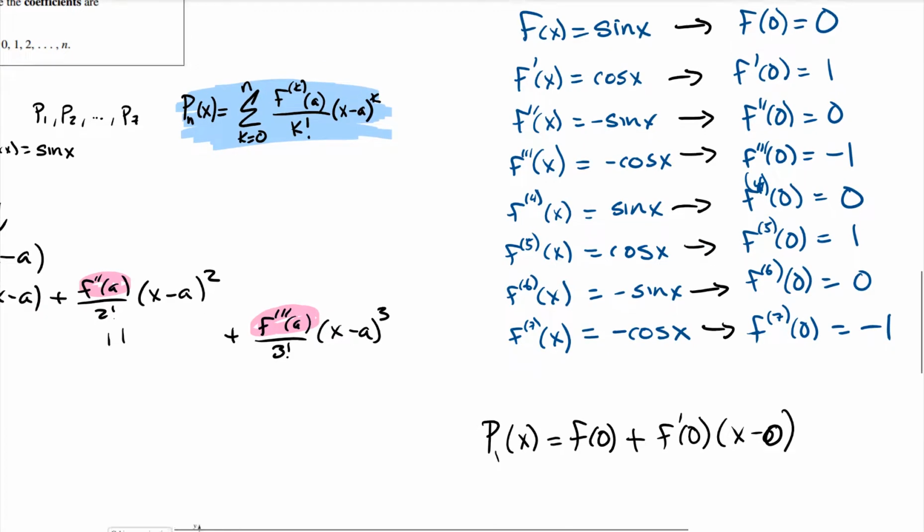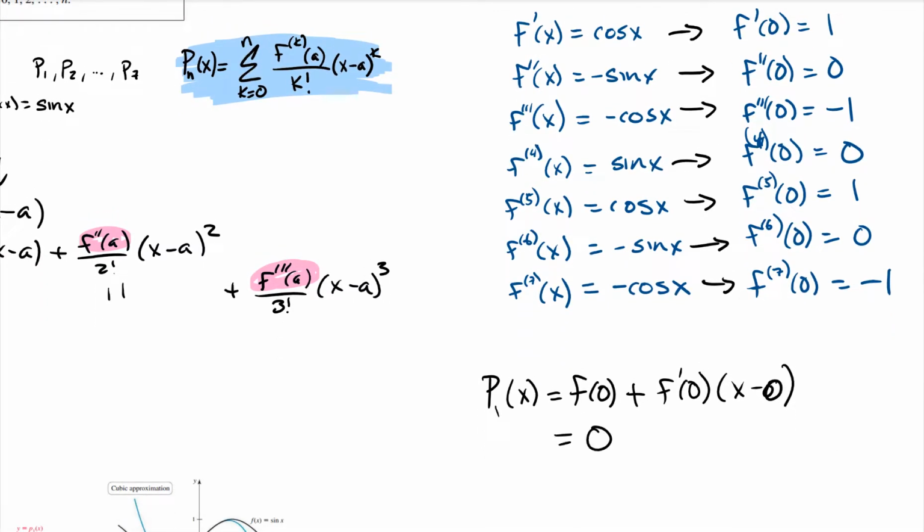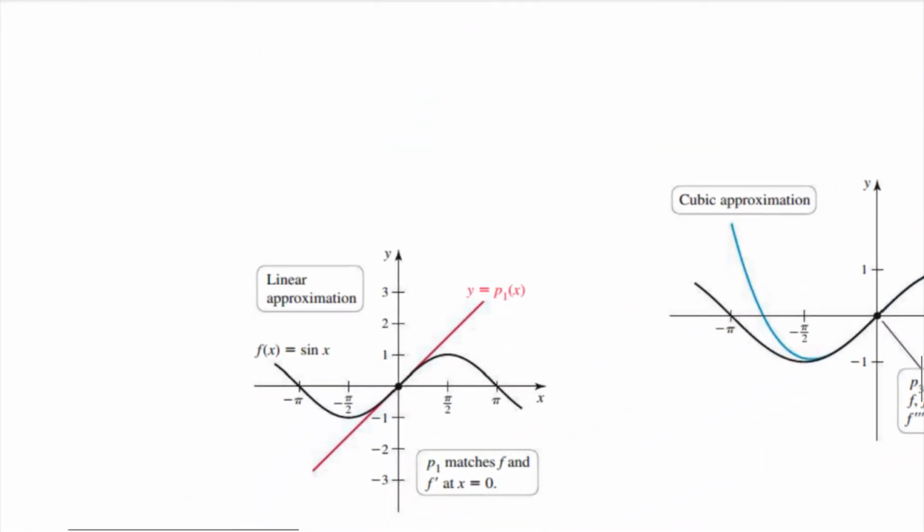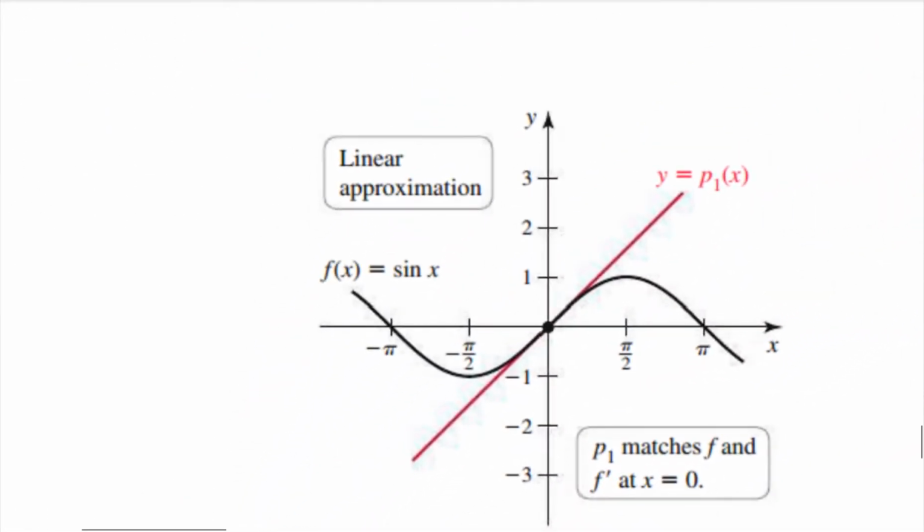Well, what was f of 0? That was 0. So this is 0 plus 1, F prime of 0 was 1, times x minus 0. So our first degree, you can just model it with x. There's your linear approximation. It's just y equals x.